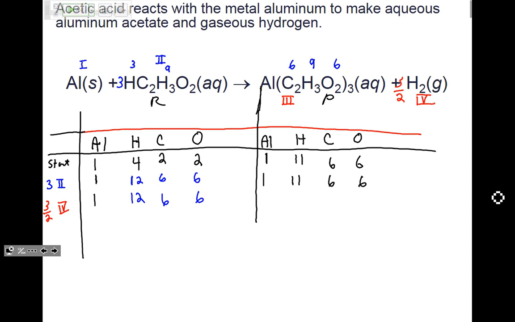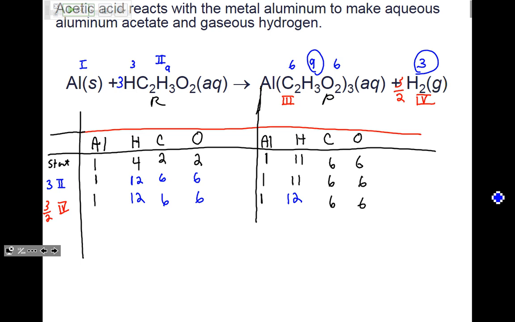I'm not changing anything with species 3, so aluminum's still 1. And I didn't change anything with carbon and oxygen. But what I'm changing is 11. So now if I multiply my fraction 3 over 2 times 2, I'm going to get 3 hydrogens. So 9 plus 3 is going to give me 12. So now I'm balanced, but I'm not done.